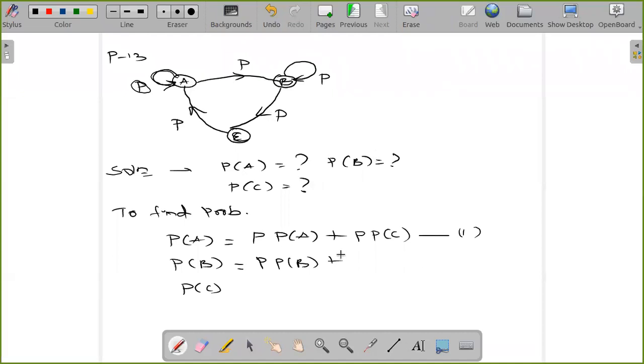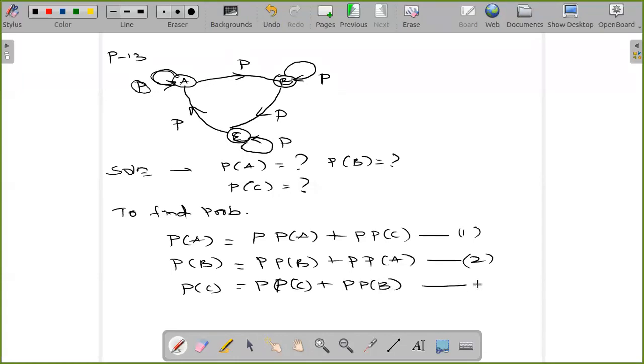So P into P of A, equation number 2. And for equation 3, C remains in the same state with probability P into P of C, plus B is entering into C, P into P of B.